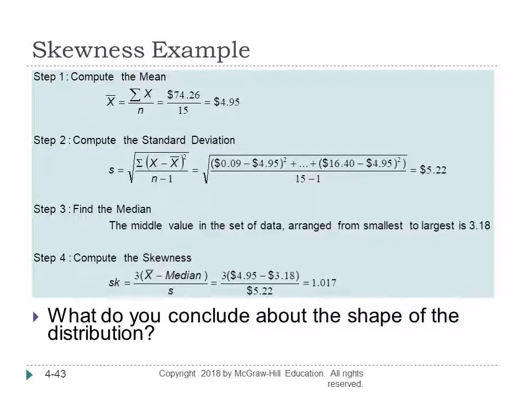This should give 1.017. This is our measure of skewness. It is positive, so the distribution is skewed to the right, but this is not close to 3, so we can conclude we have moderate skewness to the right.